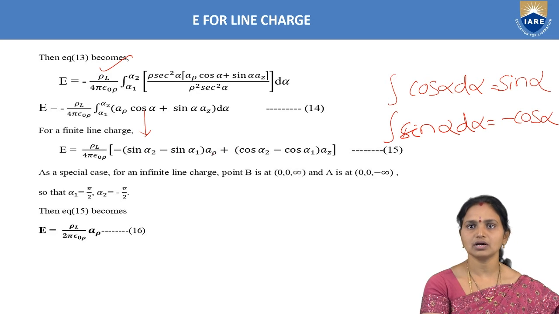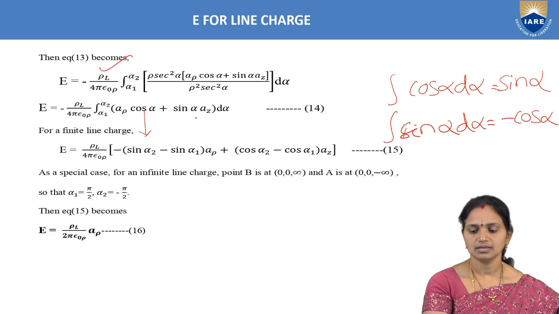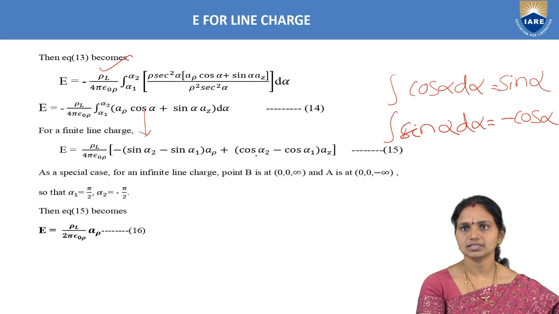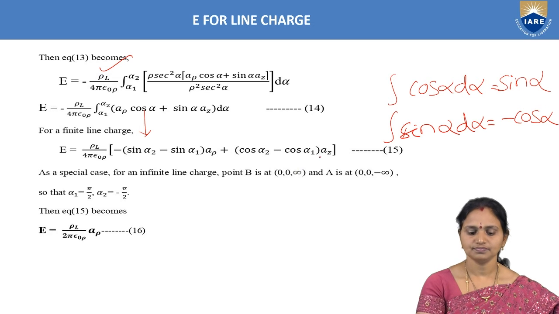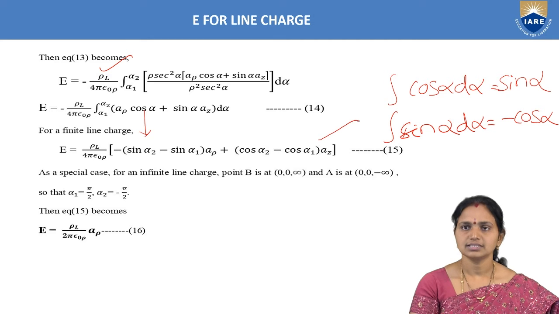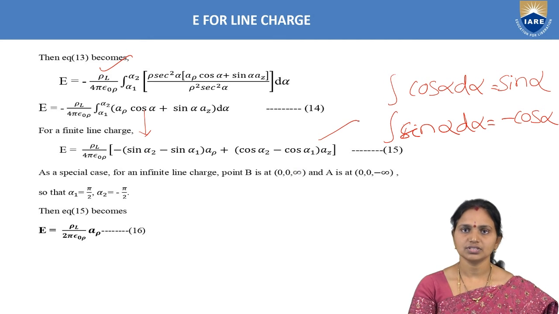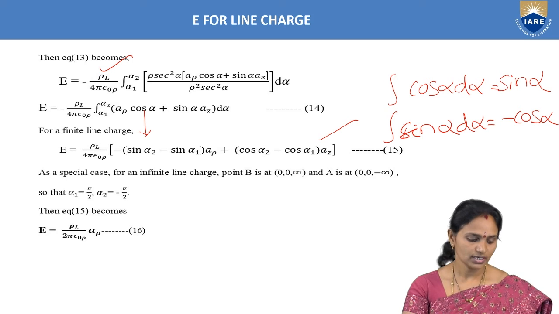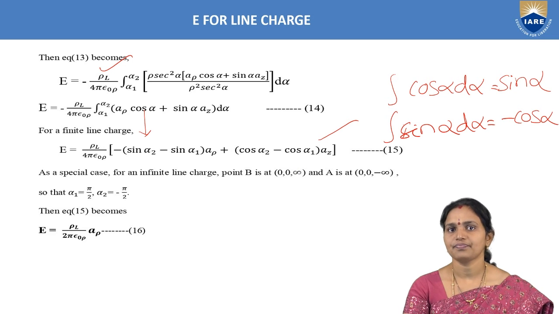These are components along rho direction, plus integration of sin is cosine, and by applying the limits this is cos alpha 2 minus cos alpha 1 into az. So this equation we can take as the general field strength equation in case of a finite line charge if it is located along z-axis.